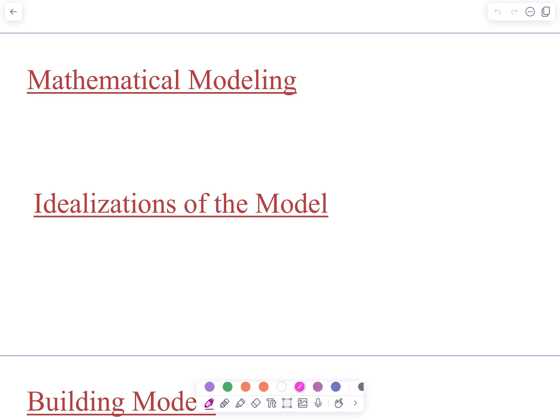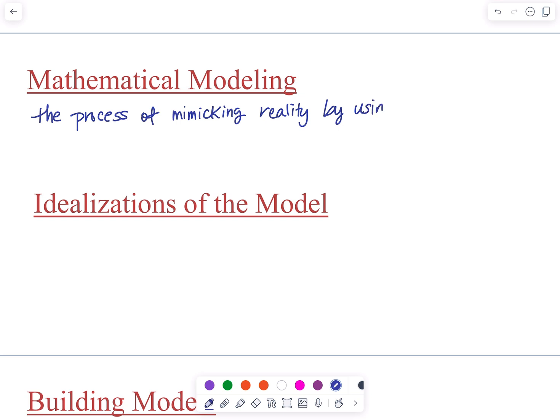So we could say that mathematical modeling is the process of mimicking reality by using mathematics.